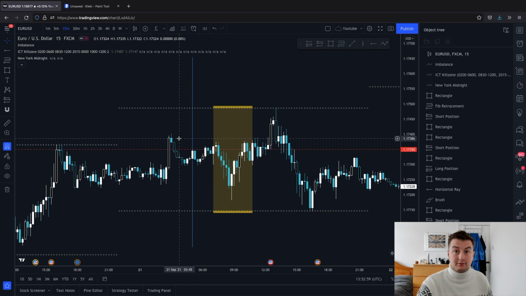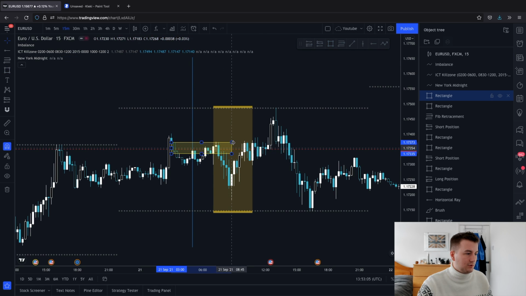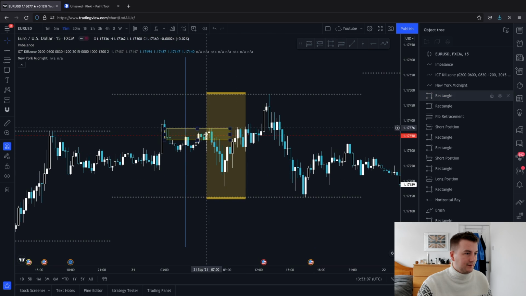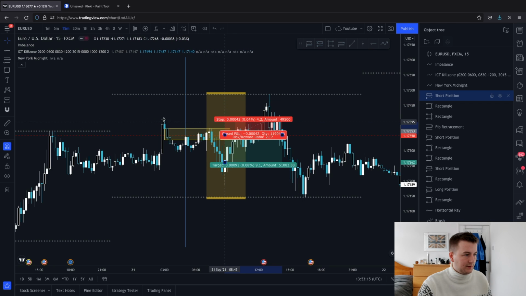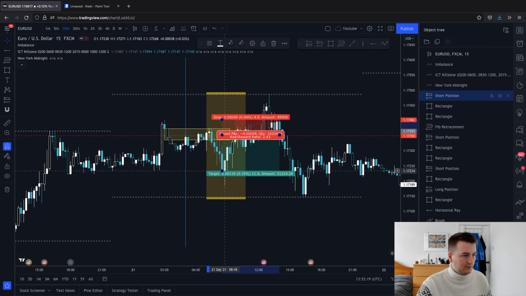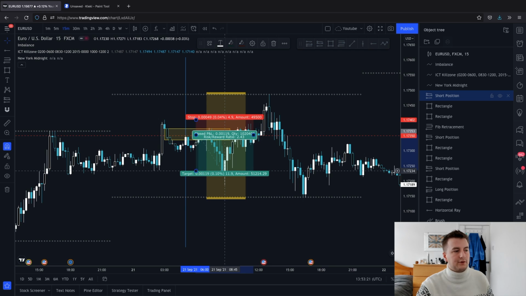Okay guys, there's another example right here. So got some imbalance. Price has come up into the imbalance in the London kill zone. You enter at 50%. Stop loss at the high. Take profit at the low. 2.43 trade.